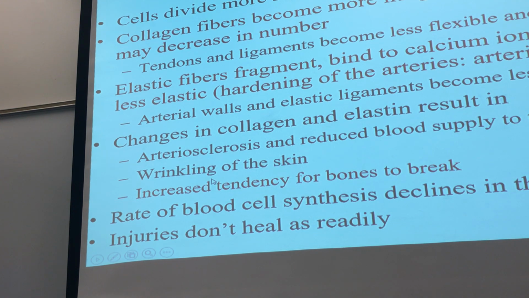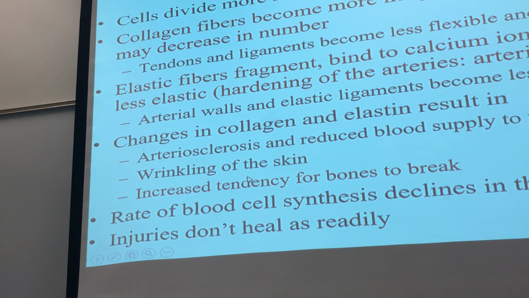If they break their femur, the chances of them ever going back to normal life is about 15 to 20%. That's it. So most people between 65 and 75 that break a hip, half of them die within the first 2 years. Right? So we're talking about very dismal odds.